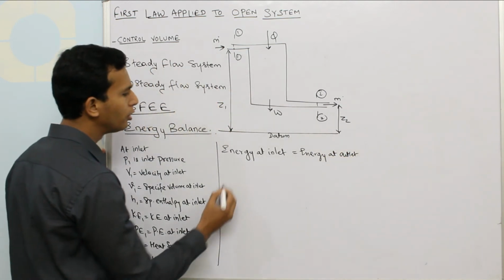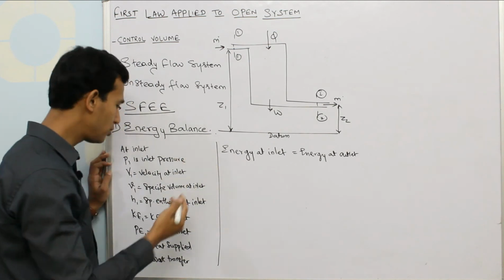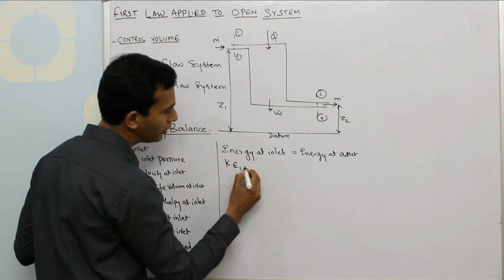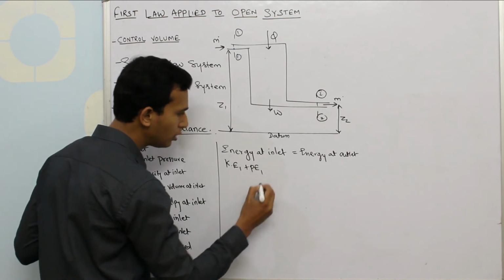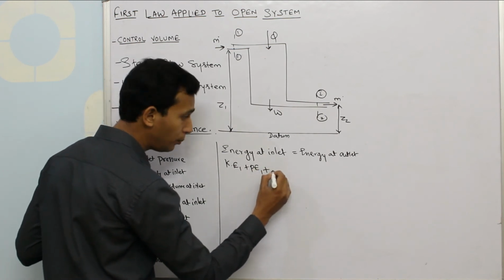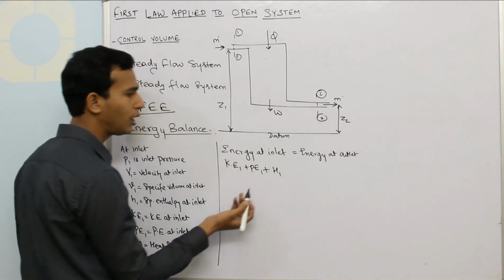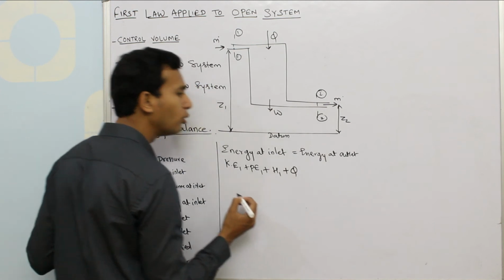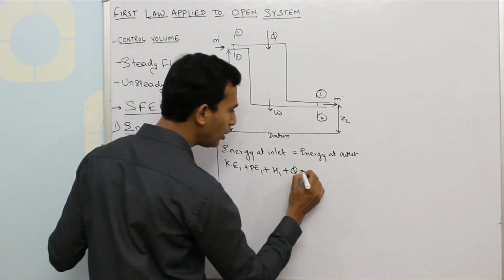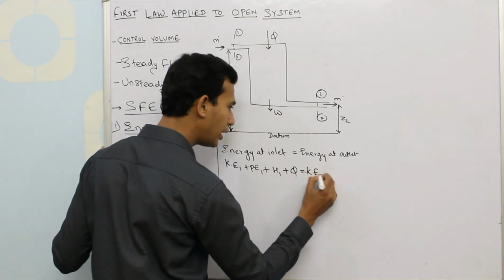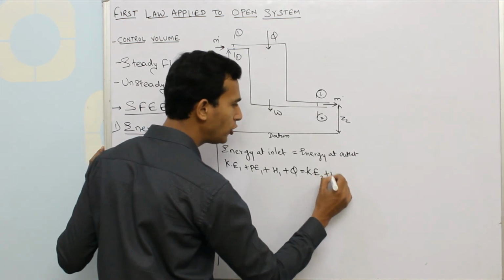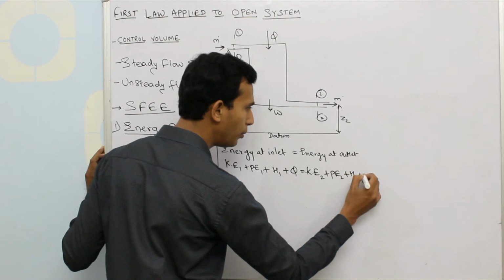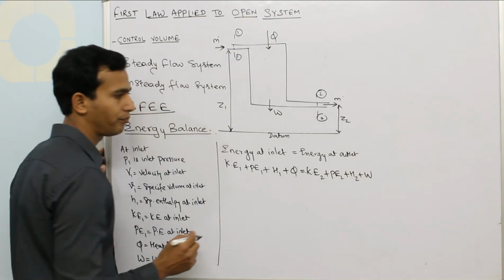Now in this sense, we can say what the various energies are. The system consists of kinetic energy, then potential energy, then enthalpy, capital H1, total I am taking, then you add Q to the system, which equals the output: kinetic energy 2 plus potential energy 2 plus H2 plus W is the output.